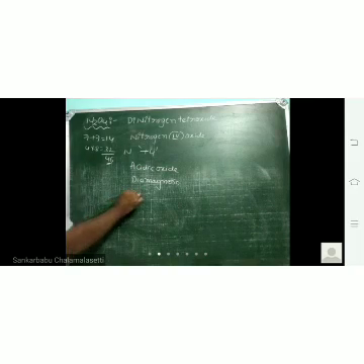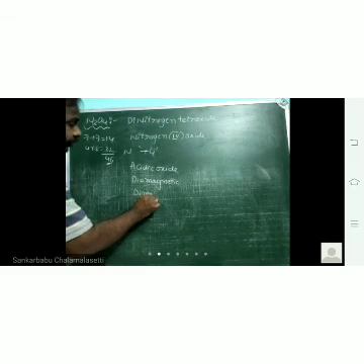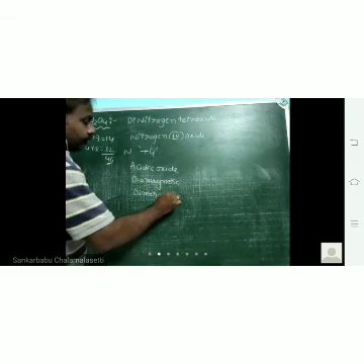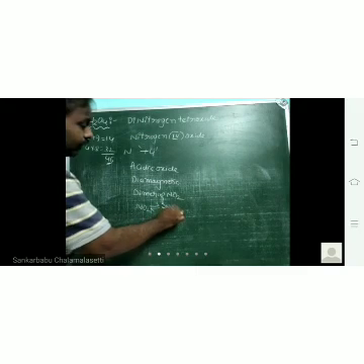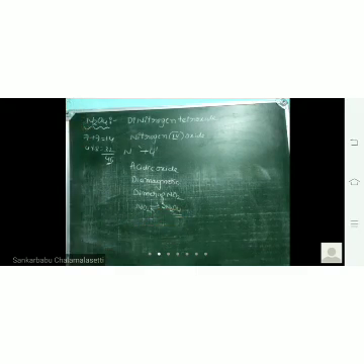And it is a dimer of NO2. NO2 exists in the form of a dimer, then we will get N2O4.